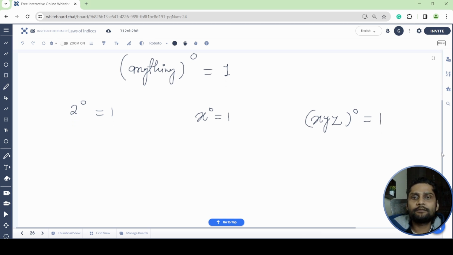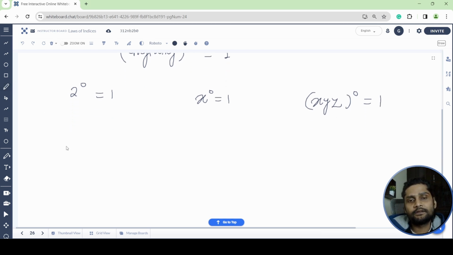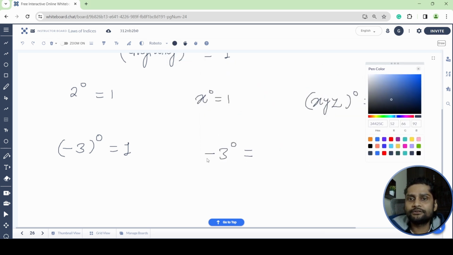So students, in that manner, if you consider negative 3 whole raised to the power of 0, that's of course equal to 1. But students, what about if I say negative 3 raised to the power of 0? Is it still equal to 1 only or something else? Students, as you notice, right now this negative hasn't got anything to do with this 0.